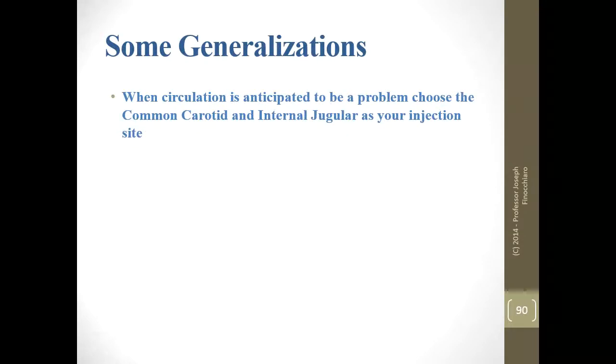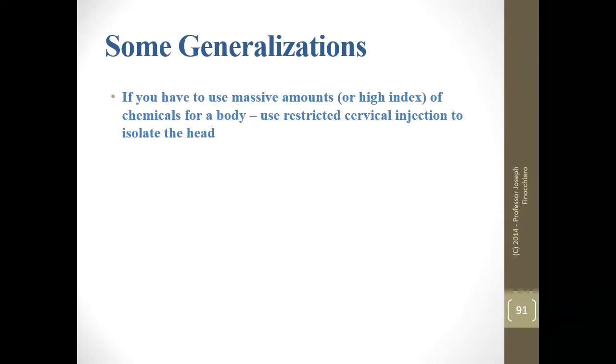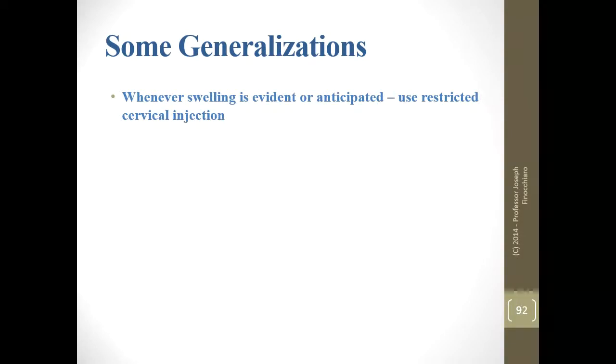When circulation is anticipated to be a problem, go for the common carotid and jugular as your injection site. Okay? If you have to use massive amounts or high index of chemicals for a body, always get the head isolated from it. You don't want all of that getting in there because it's going to cause problems with dehydration. Whenever swelling is evident or anticipated, go immediately for restricted cervical injection.